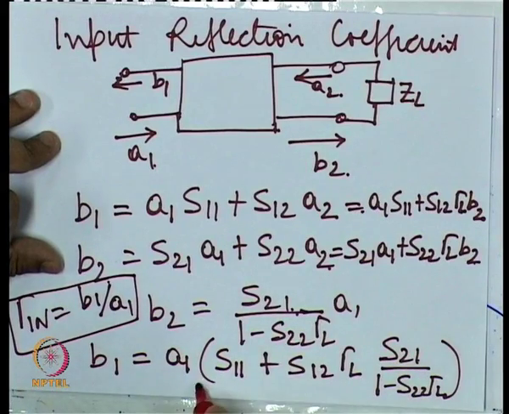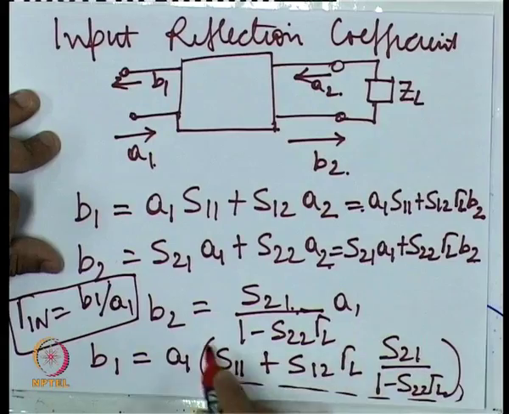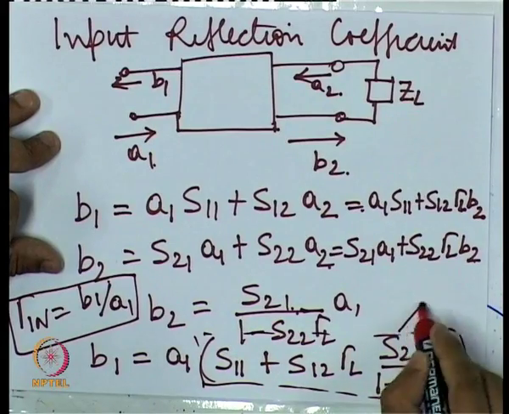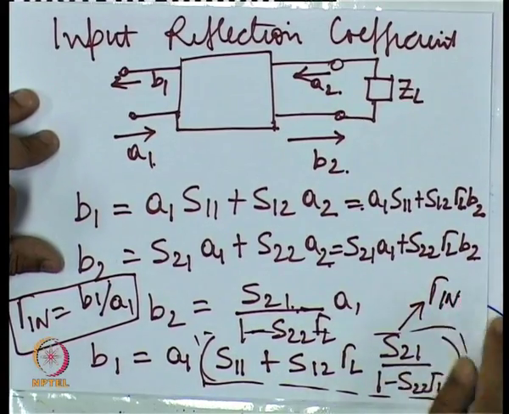So, this whole thing should be my gamma in, or I can write it down properly as gamma in is equal to B1 upon A1 is equal to S11 plus S12 S21 gamma L on 1 minus S22 gamma L.